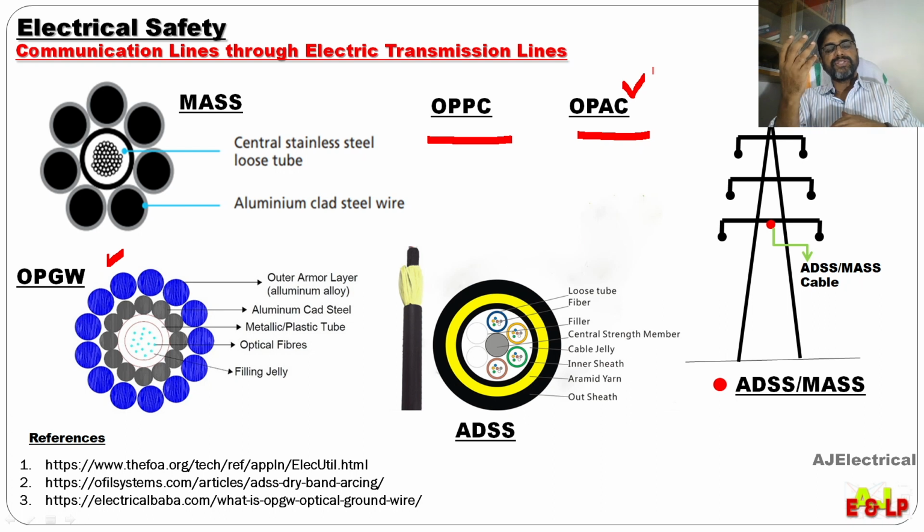Once the permission is given, these towers come under the control of the utility companies, and after that, suppose there is some splicing point or some agreement between a cable operator and the utility, those things will be controlled through the utility company only.